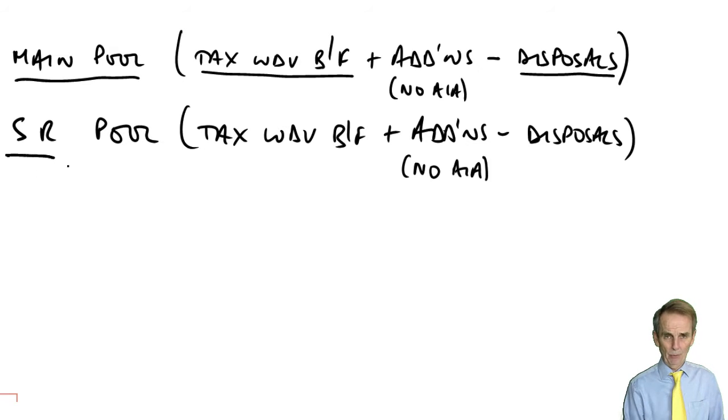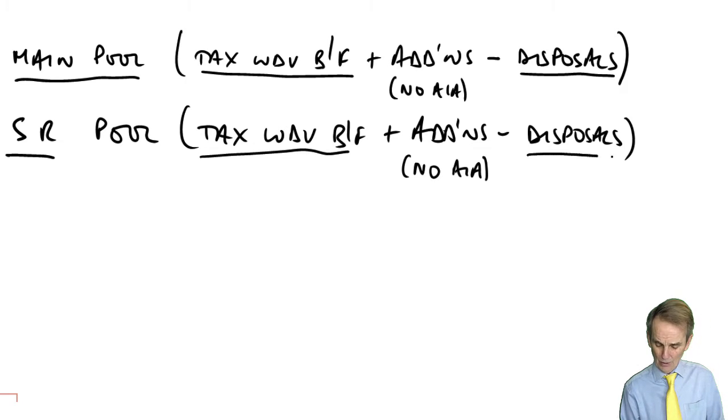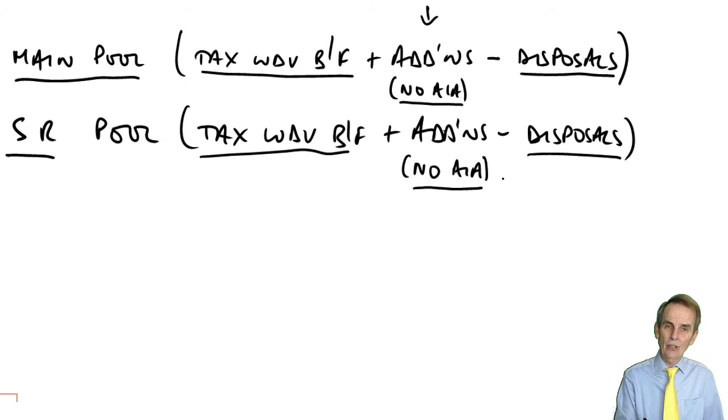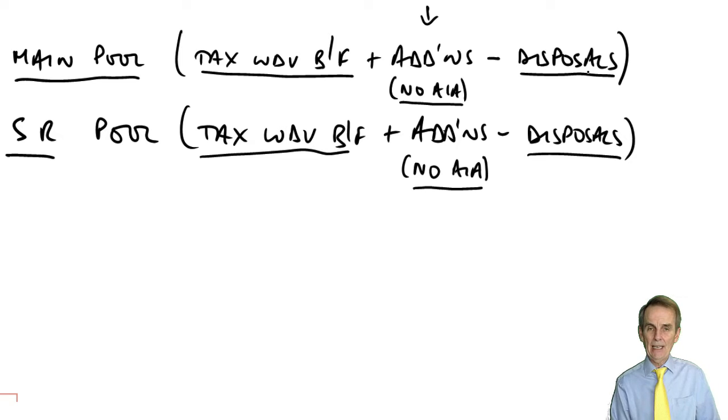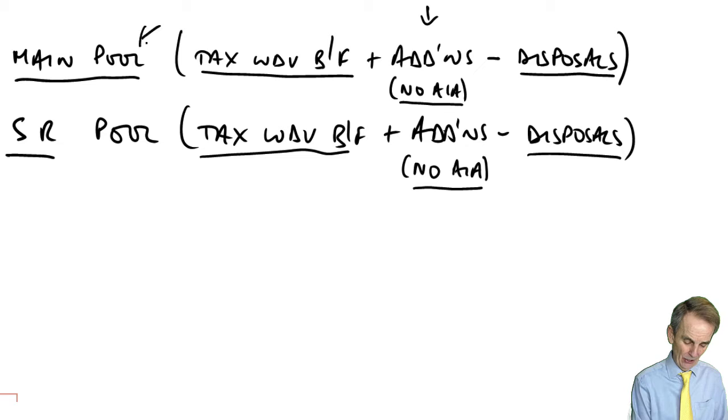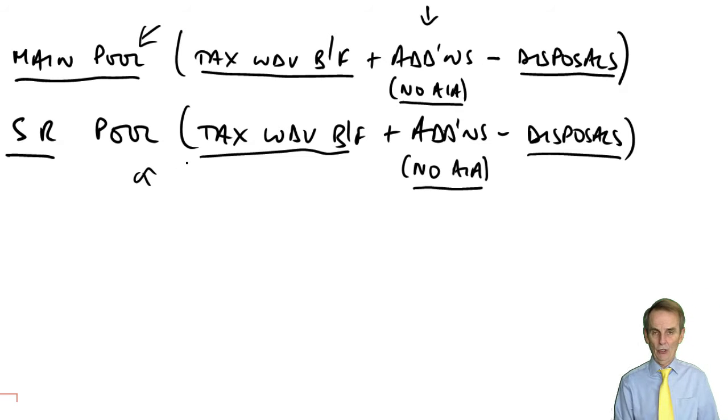If we had a special rate pool tax written down value brought forward, we'd pick it up. Any disposals, we'd take that out, sales proceeds to maximum original cost. The only thing is that what you would also have to do here, if such additions existed, additions where there would be no AIA available thereon, then what we would have is the additions going in before taking out the disposals, for then taking your 18% on your main pool, 6% on your special rate pool.